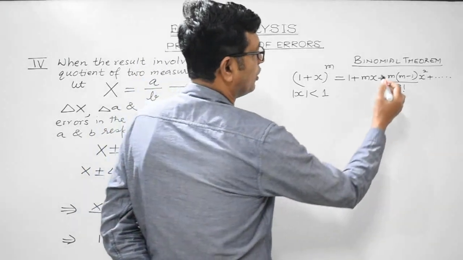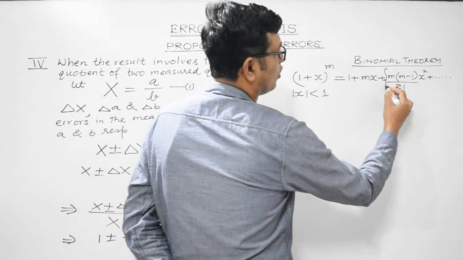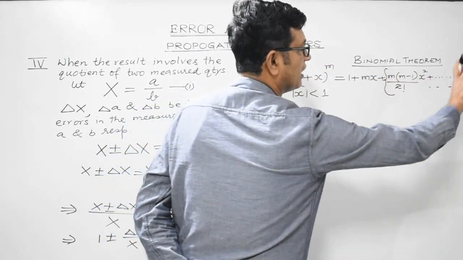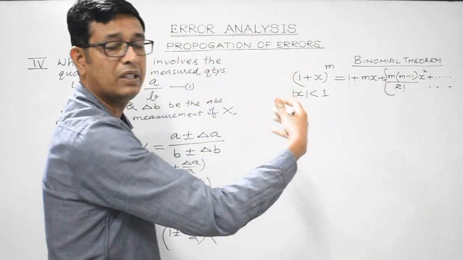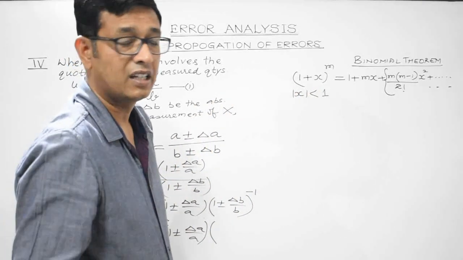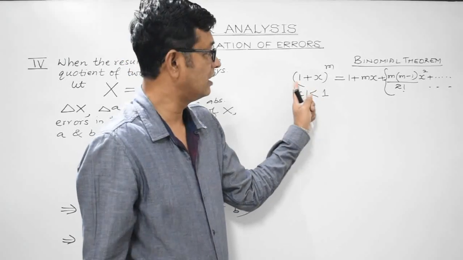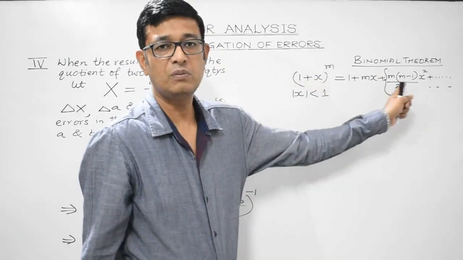So from the physics point of view, we neglect all the terms containing higher powers of x. Again I repeat, x should be very, very less than 1. It is only then that it can be expanded using the binomial theorem.